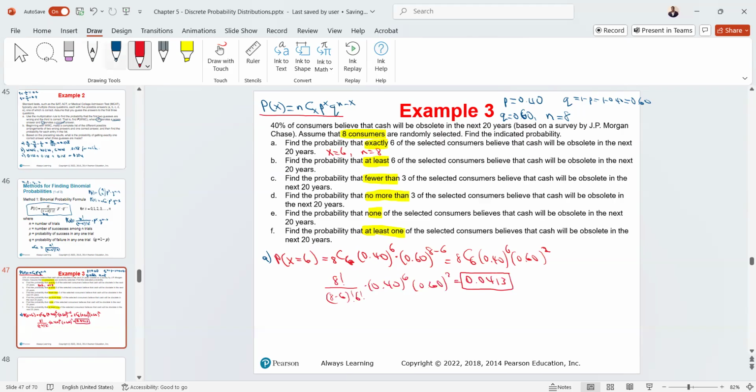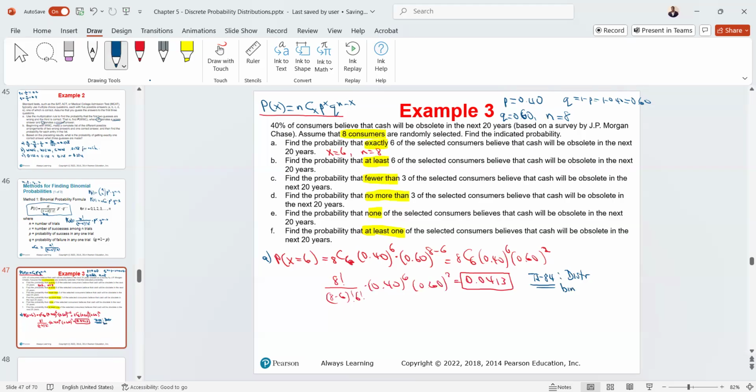If you want to do this one using a TI-83 or 84, I'm going to put 84. First of all, check on your calculator where you see distribution. Then after distributions, because it says exactly, you're going to find binomial.